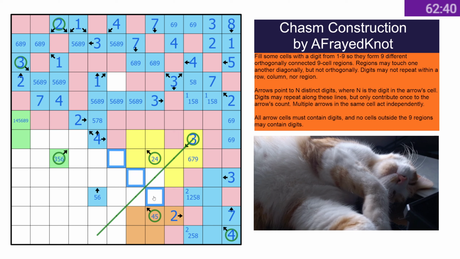So the 3 along here, right? If that was yellow, that's orange. That's fine, I think. There's 2 of those two.